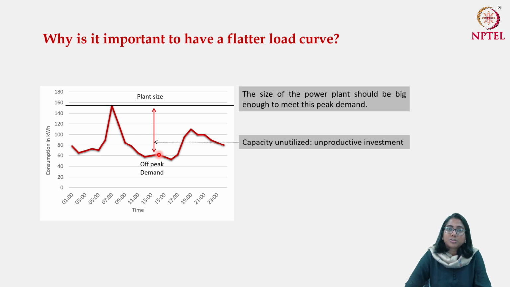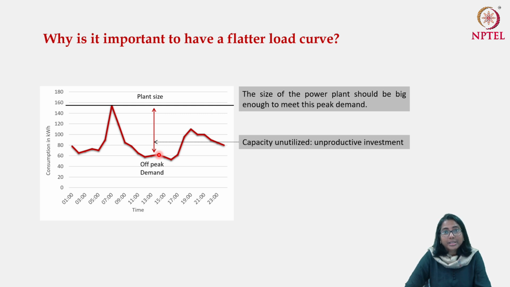If you think in the context of a state or of a country, the country also has a constrained optimization problem where it has a limited amount of money. There are diverse requirements for investment, and this is one of them, to invest in power plants. And therefore, if you are investing in a power plant, you are actually not investing in certain other development activities.